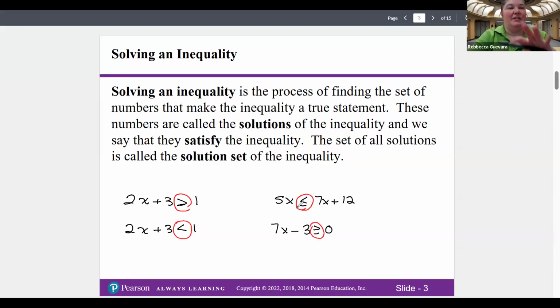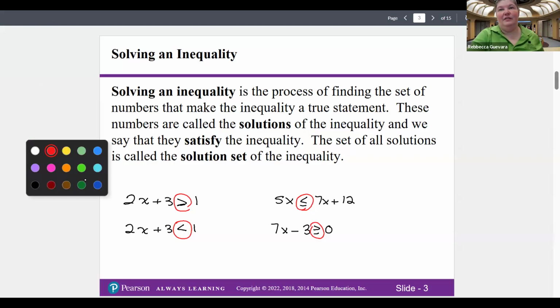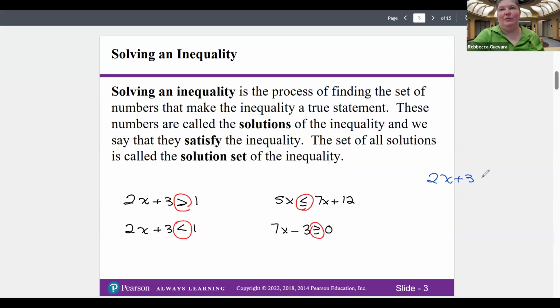The difference here is that when we had linear equations, if I had 2x plus 3 equals 1 instead, we could solve that and we'd end up with just one solution. Here, that's not going to happen. We're not going to end up with just one solution. We're going to end up with a range of solutions.